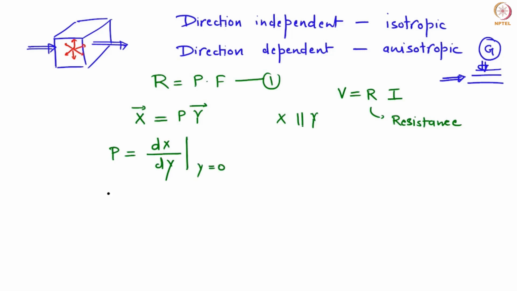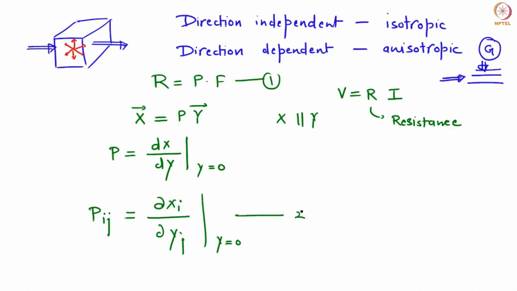Now if I have the direction dependent case, I will write Pij, and that would be equal to the partial derivative of xi with respect to yj, again at y equals 0. So this is now going to be the other expression for the property itself. What does this mean? How many combinations are possible?